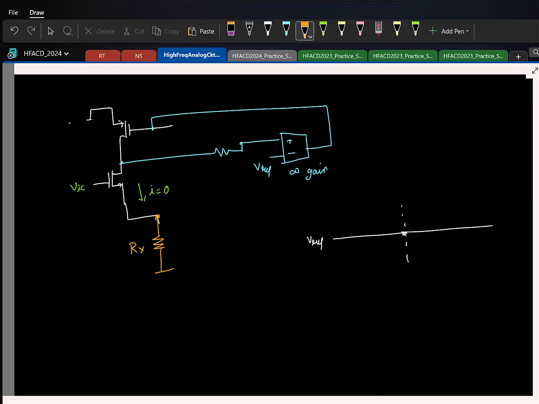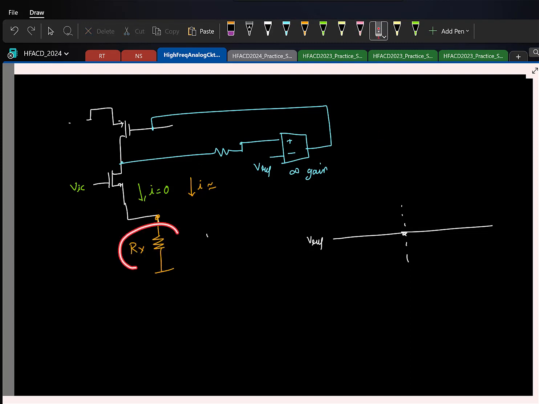So in that case, what do you think the small signal current is, approximately? Can you give me a quick estimate of the current? GM? No, but current is what? GM VGS, right? See, let's assume that Rx is reasonably large.